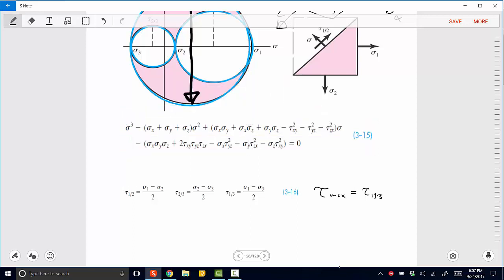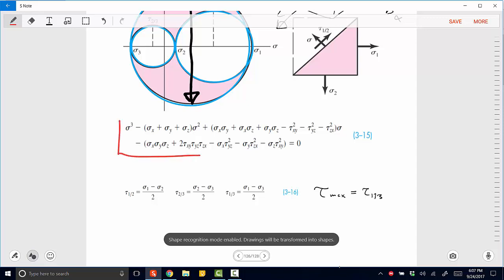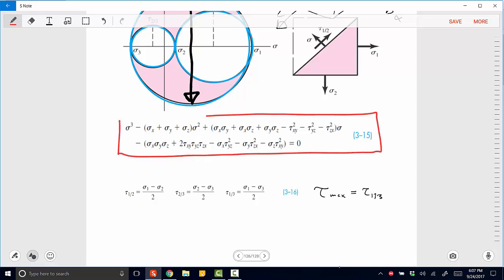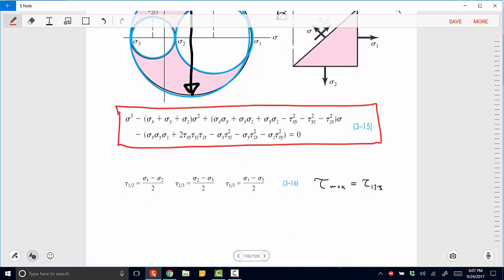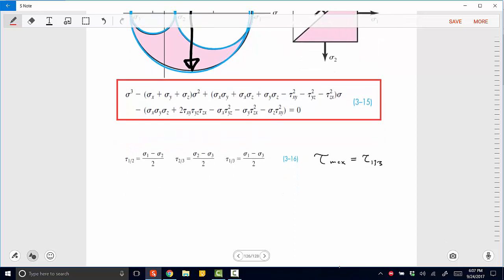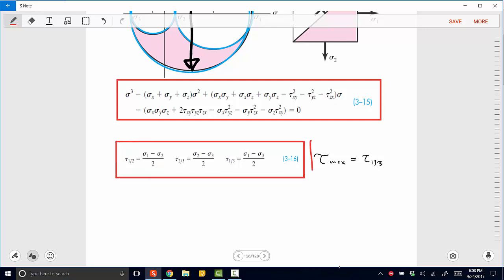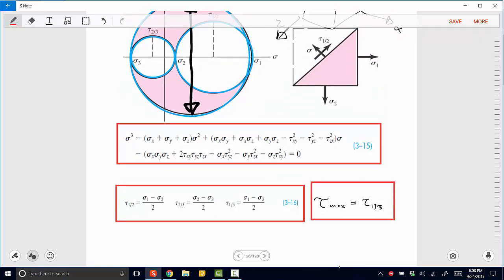And so when we want to find our principal stresses, we have a much more complicated equation to do that. And to find our extreme values of shear in 3 dimensions, we have this relationship. And our maximum shear stress is going to be the difference between the first principal and third principal stress divided by 2.